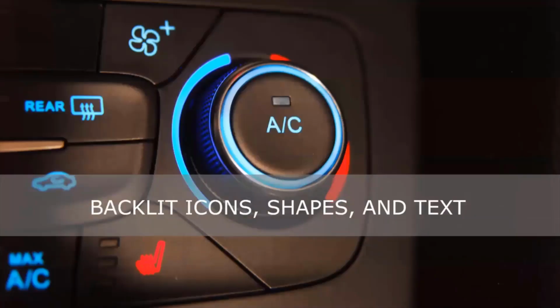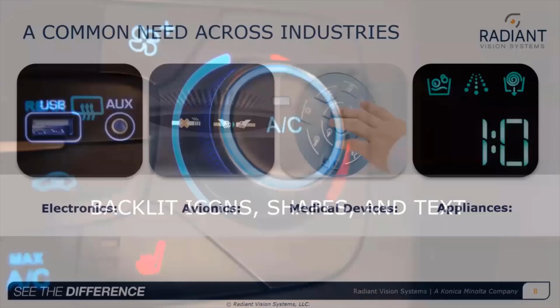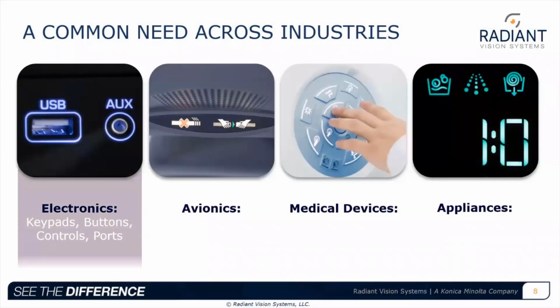So we'll start off by giving a brief introduction to backlit icons, shapes, and text and the criteria we usually use to inspect for these applications. So Matt, in this example here, we see this from an automotive application, but are there applications outside of the automotive industry? Yeah, of course, Chris. There are definitely more applications outside of automotive.